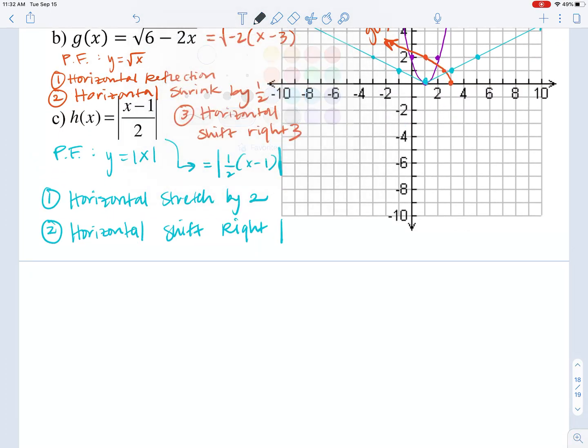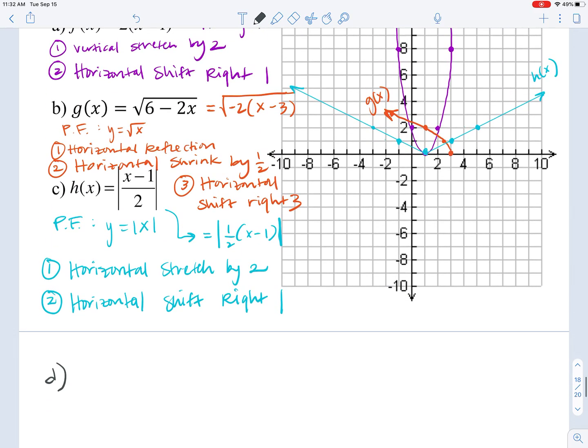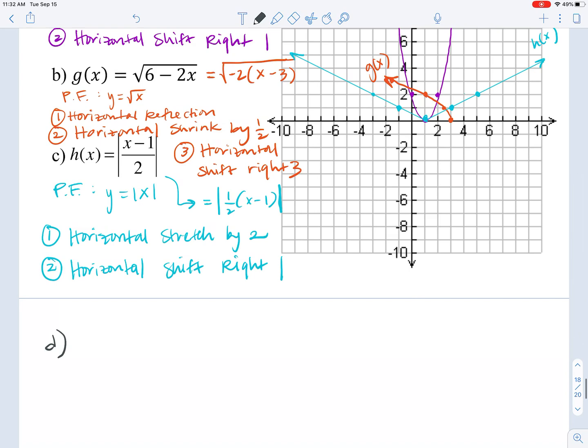Because I didn't put a vertical shift on here, I am going to give one additional example. How about cube root?